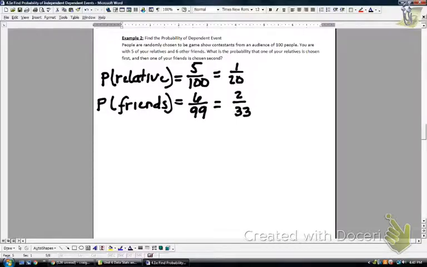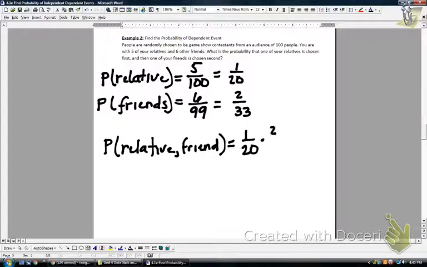And the reason I'm simplifying them is because it's just easier to work with smaller numbers, especially when you're multiplying. So the probability of a relative being chosen first and a friend chosen second is 1 out of 20 times 2 out of 33.